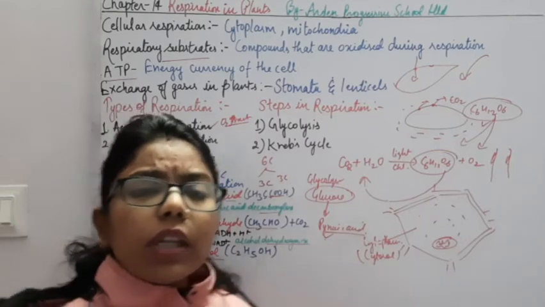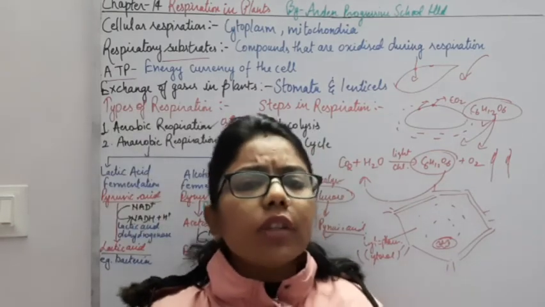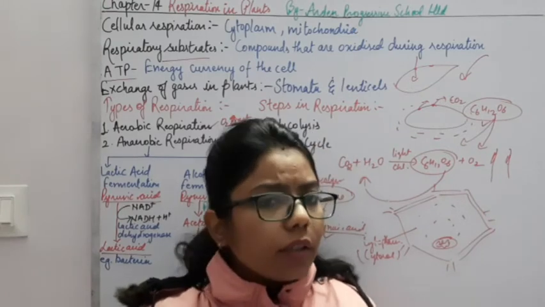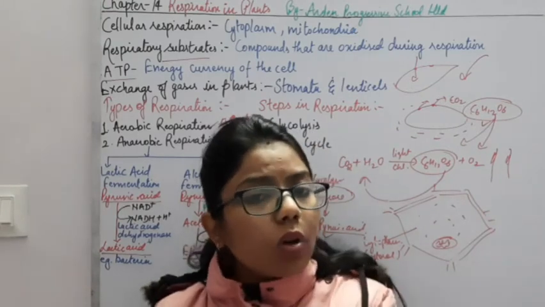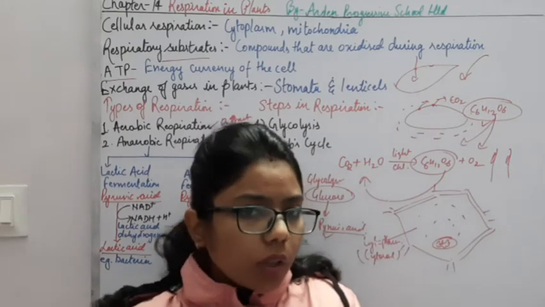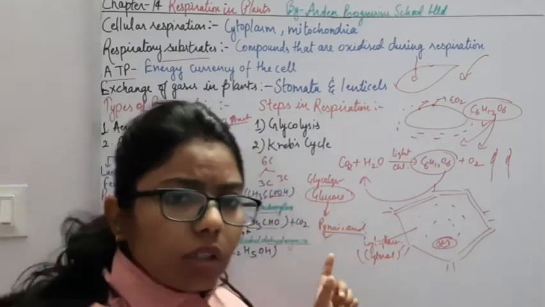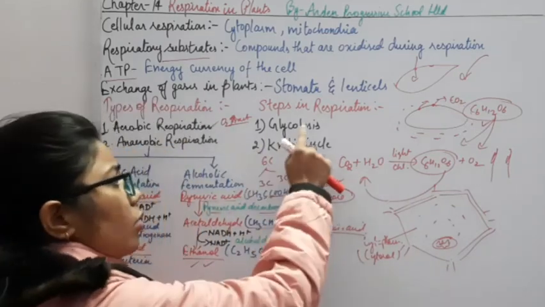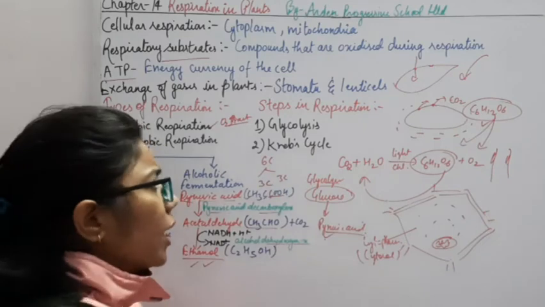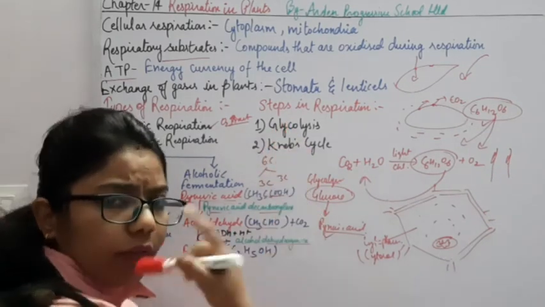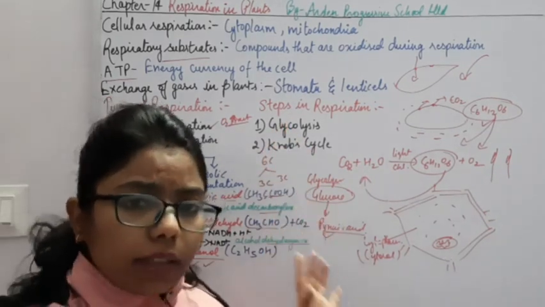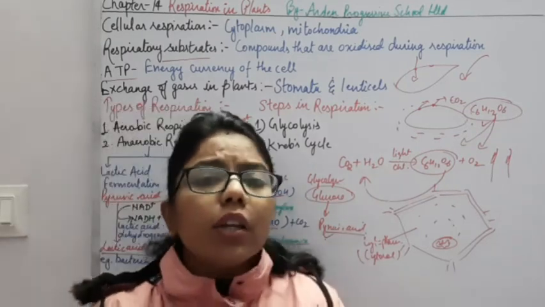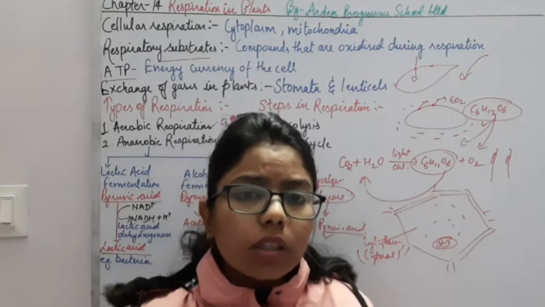Now coming to the steps. What is respiration? The general definition of respiration is the breakdown of glucose, and during this breakdown there is release of energy in the form of ATP. For this reaction, two major steps are required, glycolysis and the Krebs cycle. Glycolysis is where sugar breaks down, in a 10-step process, but still in glycolysis there is not complete oxidation of glucose.